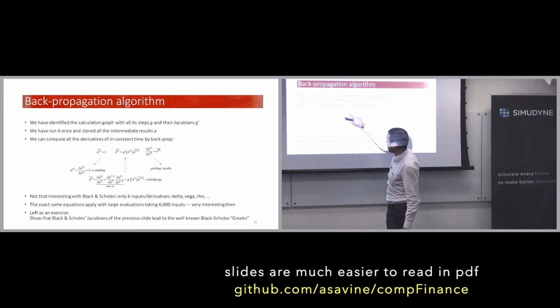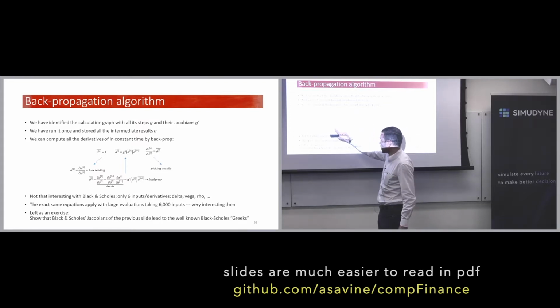Then we have the main backprop equation, right? This backprop equation here is an elementary application of the chain rule again. When we know the adjoint of AL plus 1, we can find the adjoint of AL by left multiplication by the Jacobian matrix of GL plus 1. Why is that?